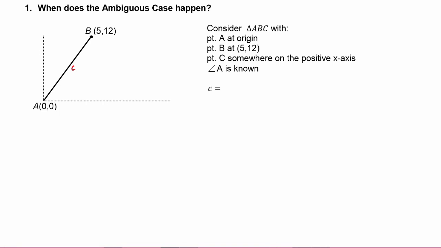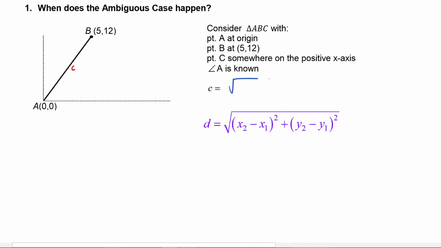And we can find the length of side c by using the distance formula. So it would be the square root of the x value here, which is 5, minus the x value here, which is 0, squared, plus the y value here, which is 12, minus the y value here, which is 0, squared.